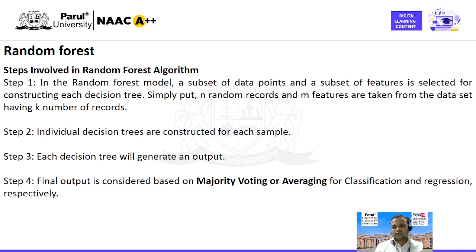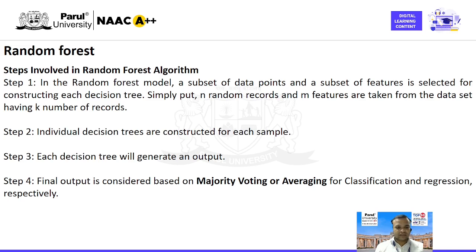Simply put, n random records and m features are taken from a dataset having k number of records. Step number two: individual decision trees are constructed for each sample.